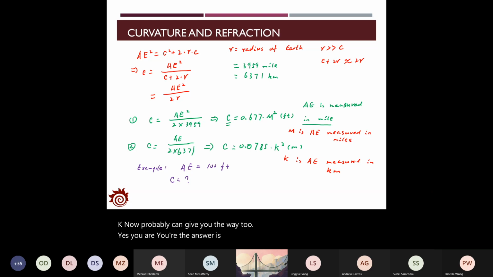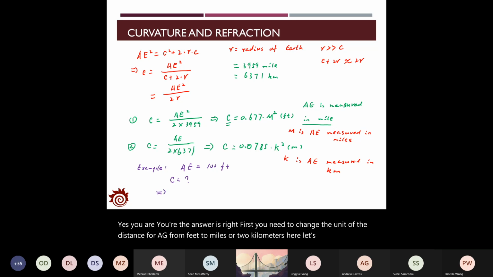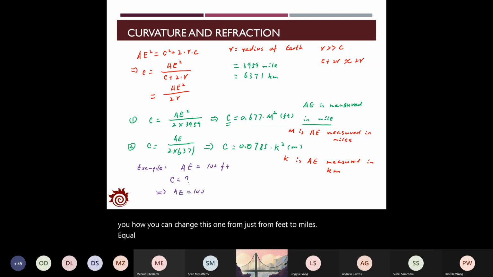First, you need to change the unit of the distance AE from feet to miles or to kilometers. Let me show you how to change from feet to miles. AE equal to 100 feet is 100 divided by 5,280 feet per mile.